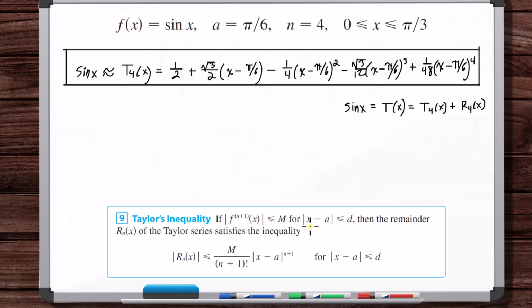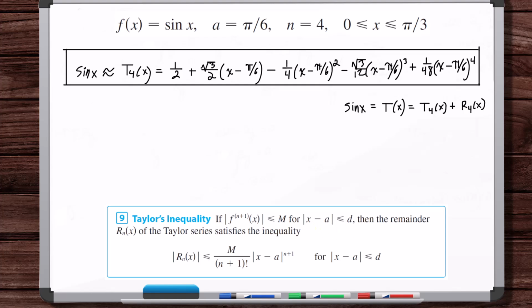D could be anything, but here, this is just what we did in chapter 4: finding the maximum value of a function over an interval. That's what this is. Find the maximum value of the absolute value of the n+1th derivative of x over this interval.